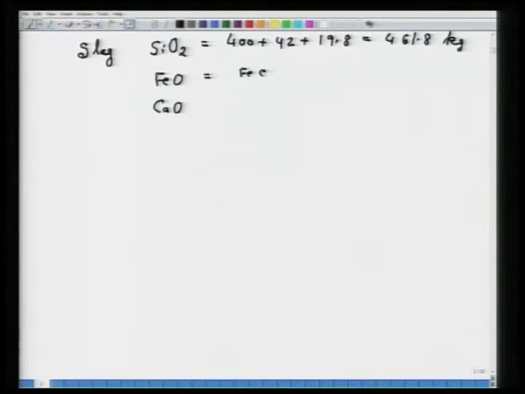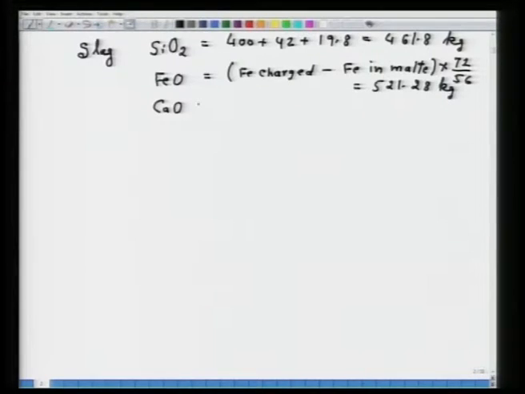And then FeO will be equal to the iron charge minus iron in matte, that will be the iron in slag, and FeO would be 72 upon 56. So, that amount is equal to 521.28 kg.